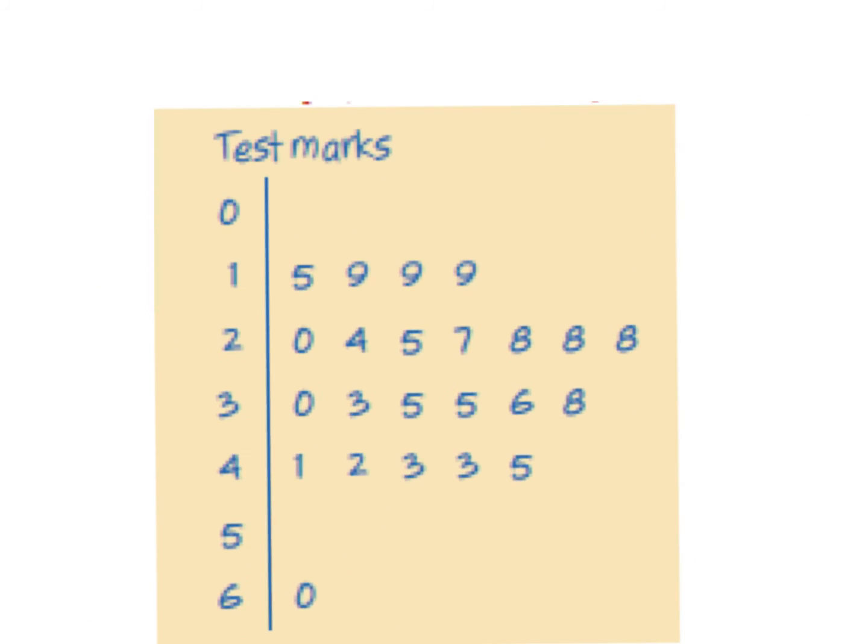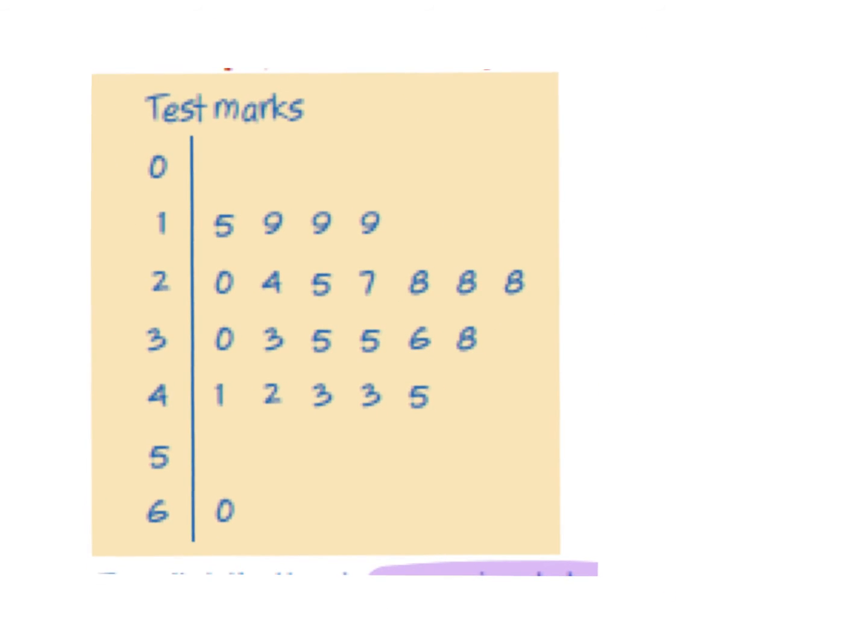Important. Okay, so we had this set of numbers and there were 23 students. When we say 23 students, we often say N is the total number of things in your list or data. So we'd say N is 23.